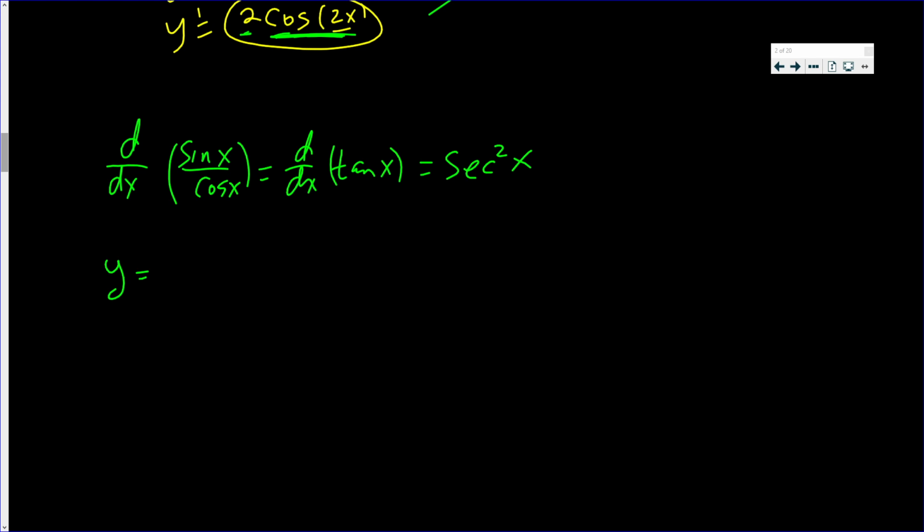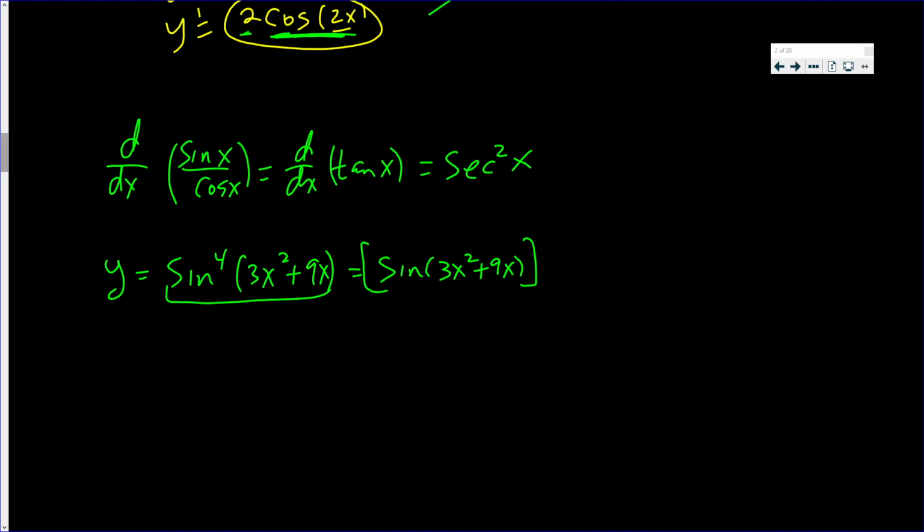What if you were told that y is equal to the sine to the 4th power of 3x squared plus 9x? Now, whether you rewrite this or not, you have to think of it as the sine of that angle to the 4th power.